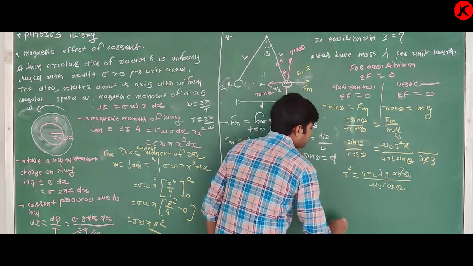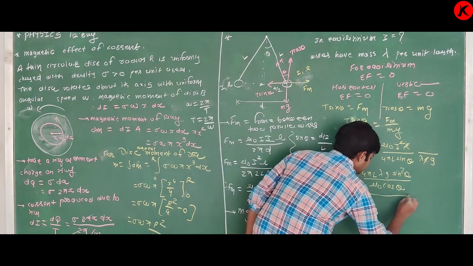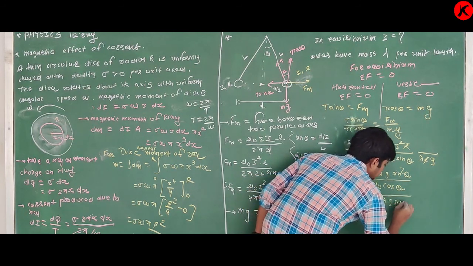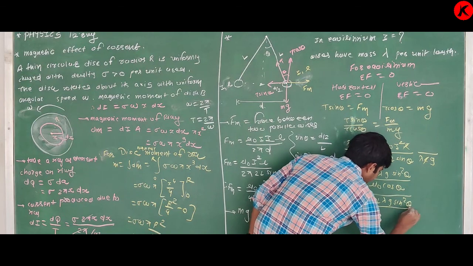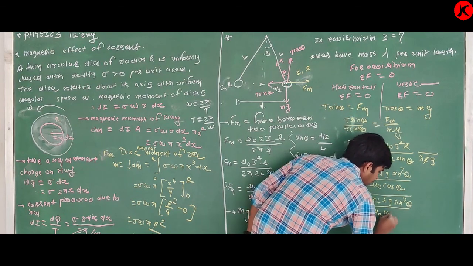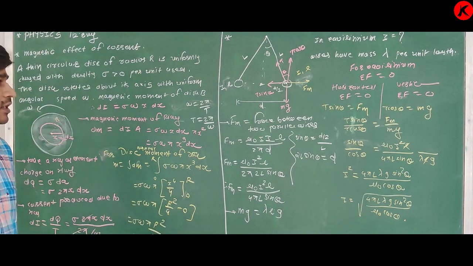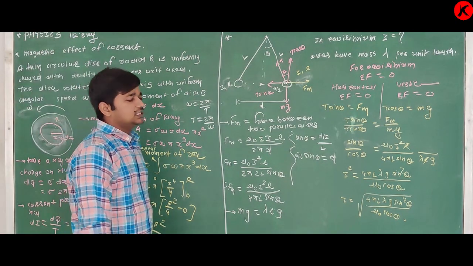And if you want to find I, then I is equal to the square root of 4 pi L lambda g sin square theta upon mu 0 cos theta. And yes, it is your answer.